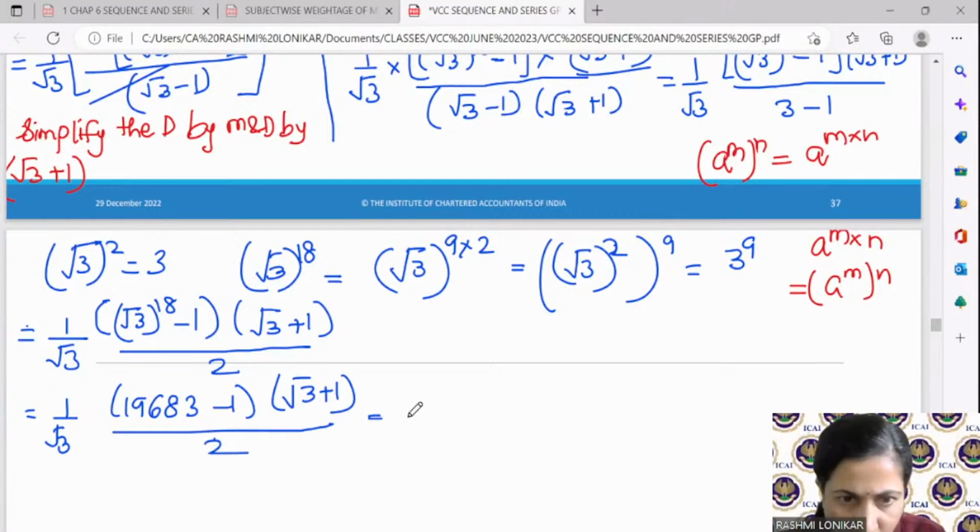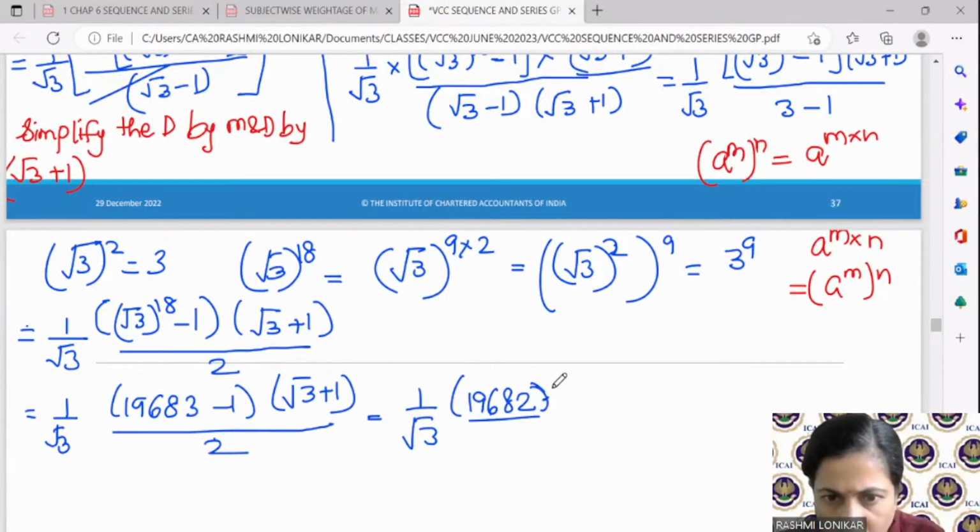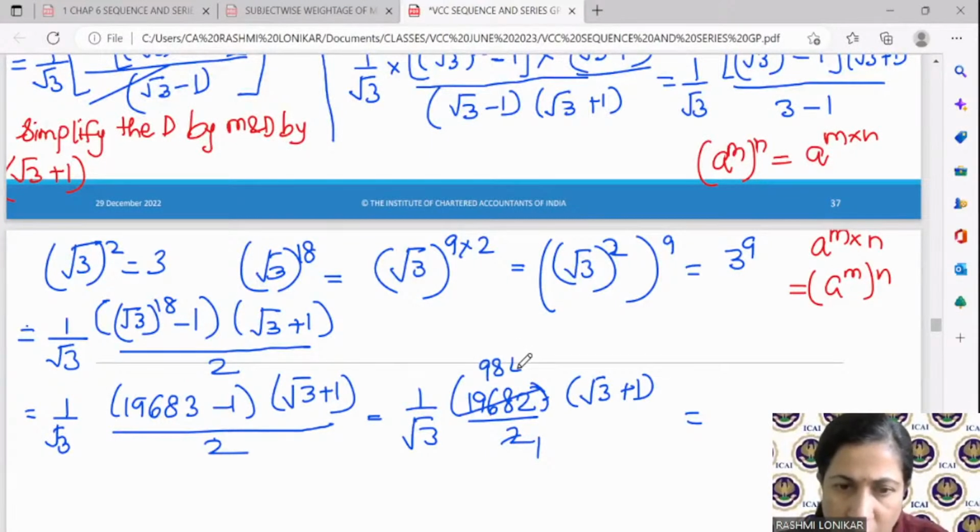This is equal to 1 upon root 3, 19682 upon 2 into root 3 plus 1. So this is equal to 9841.